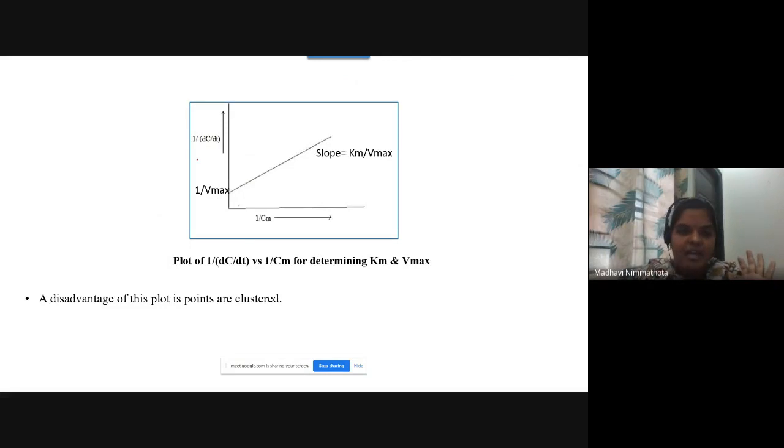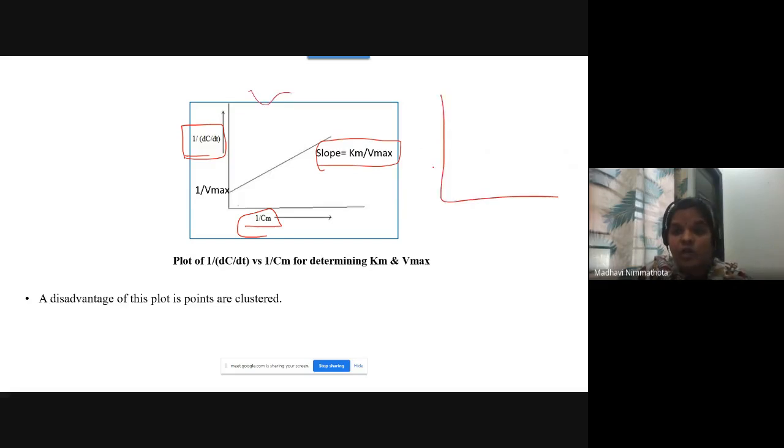See, the graph we should plot here with the help of 1 by dC by dt values and 1 by Cm. Then we will get the slope of Km by Vmax, and here 1 by Vmax is there. From which graph did we get this graph?